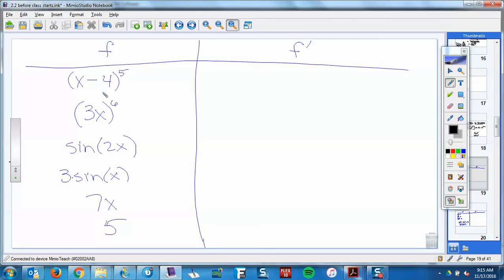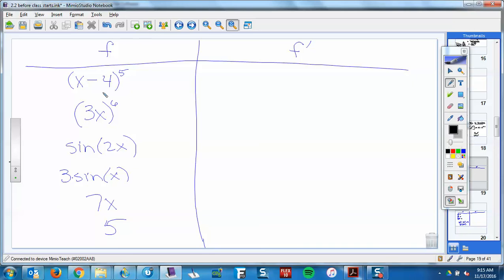Okay, what about this one? Well, what's that minus 4 do? 4 to the right. Does it change any of the slopes? No, but it changes where they are, right? All of those slopes that were on this graph are now shifted over 4 to the right. So doesn't it make sense the x minus 4 ought to stay there in the derivative? It does.